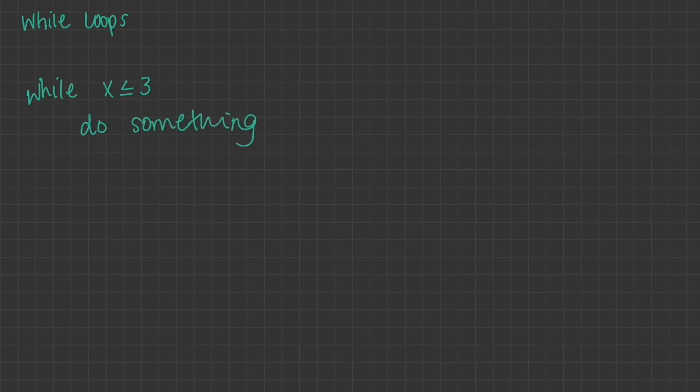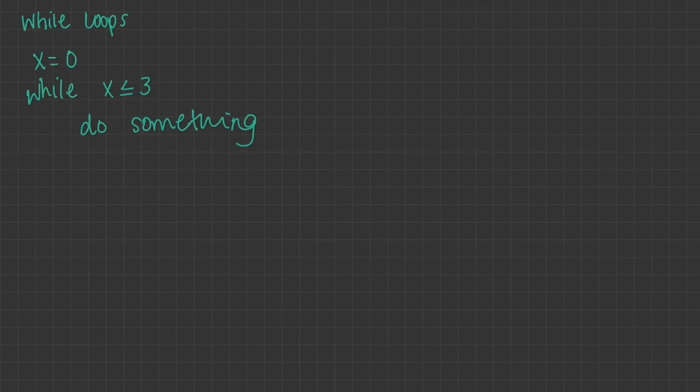So while x is less than 3, do something over and over again. So let's define x, because we need to do that first. So let's set x equal to 0. So we set x equal to 0 first, then we ask, while x is less than 3, and it is because x is 0, do this thing.